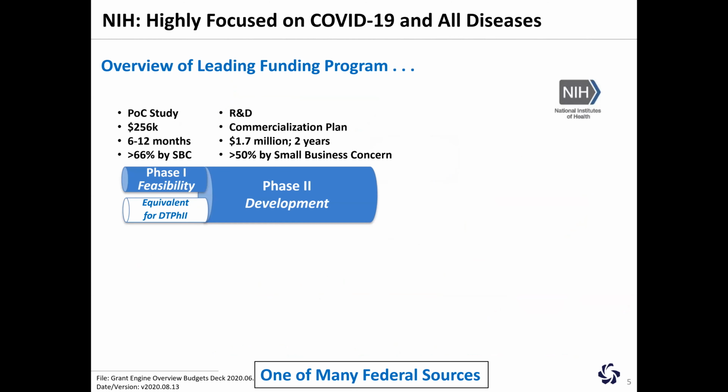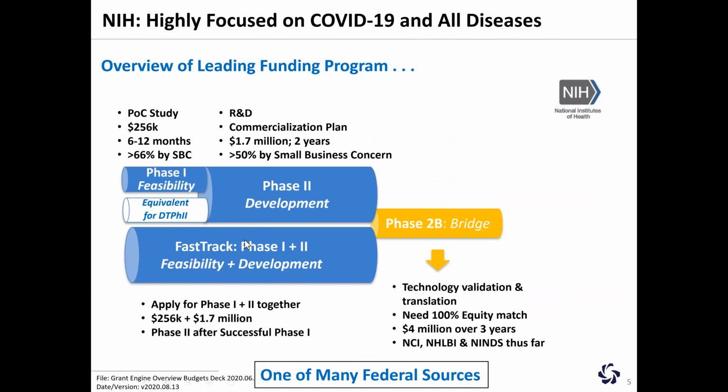And this is really just a quick overview to show the respective longitudinal funding opportunities. I think everyone's likely familiar with phase 1 and 2 of the SBIR STTR program. But I want to make clear as well that there's runway in the future. Phase 2B programs are up to $4 million in funding.